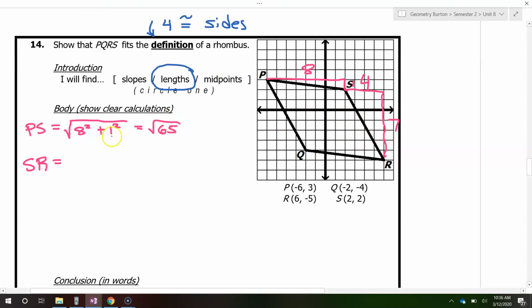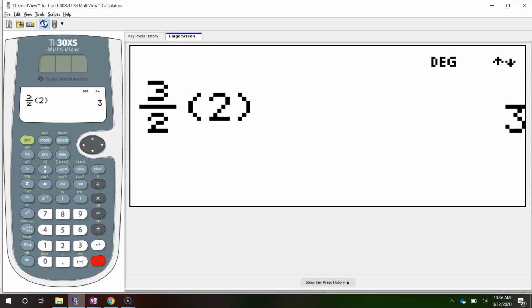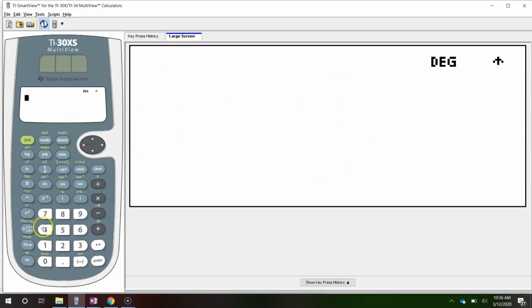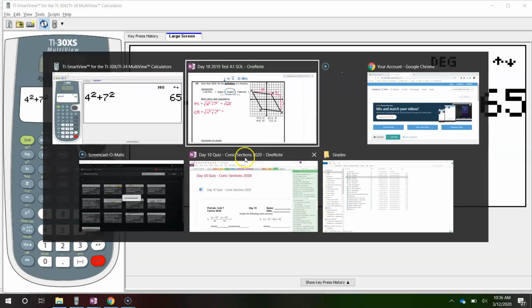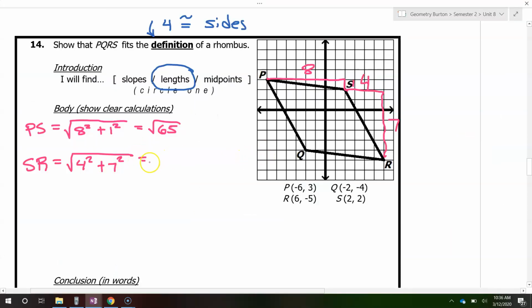So I've got 4 and 7. So this is going to be the square root of 4 squared plus 7 squared. What is that? That is 65. So I've got the square root of 65 again.